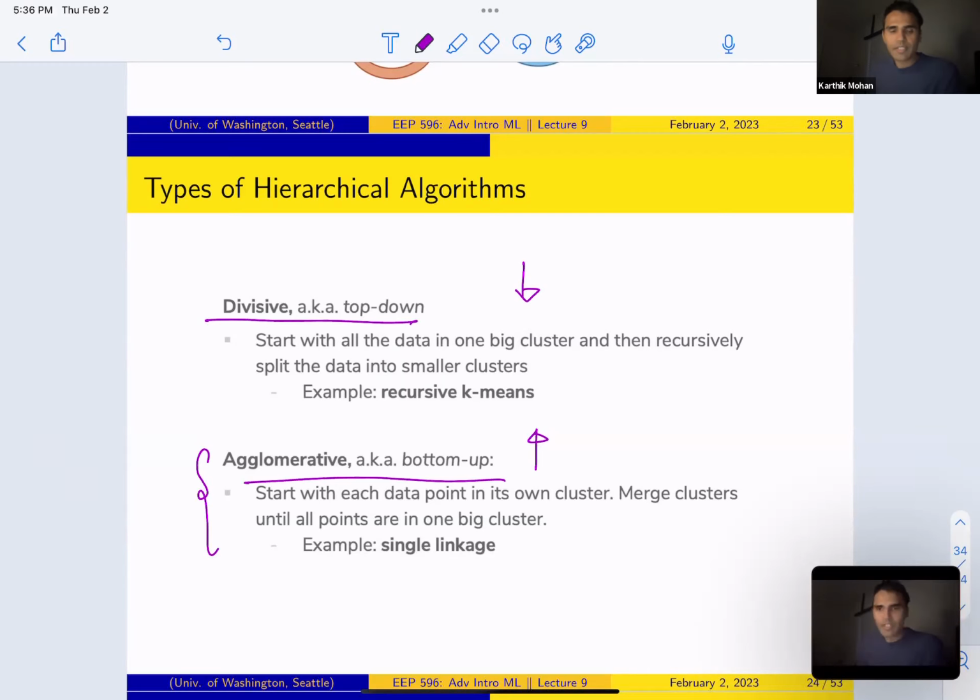So agglomerative clustering is bottom up, and it starts with each data point in its own cluster. So instead of starting at the top, you start at the bottom, right? And you start merging points and merging clusters until you think you have enough clusters. So that's the whole idea of agglomerative clustering. You start bottom and then go up, and you stop at some point, and then you end up with 10 clusters or 15 clusters or whatever, 5 clusters, right?